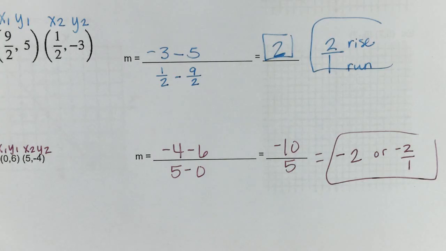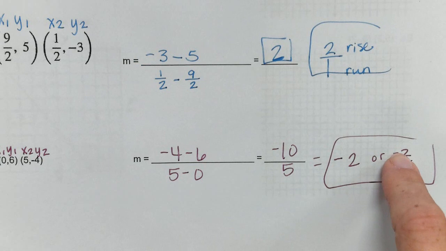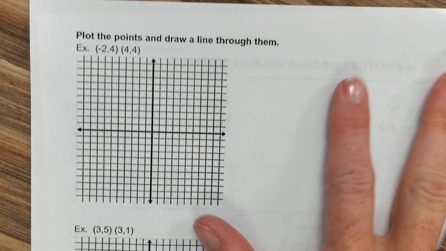What does that mean? The rise is -2, the run is 1. Okay, flip the page.